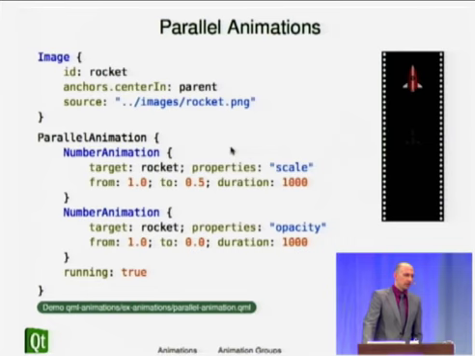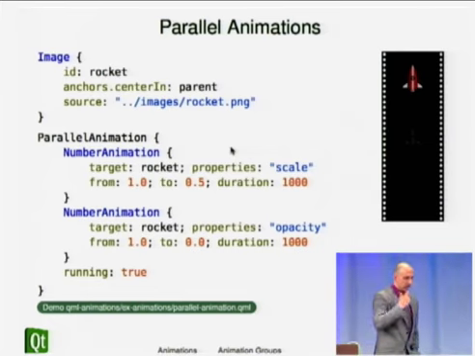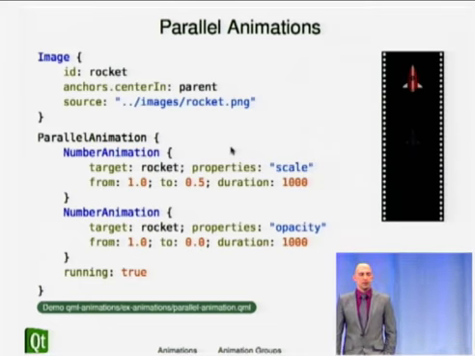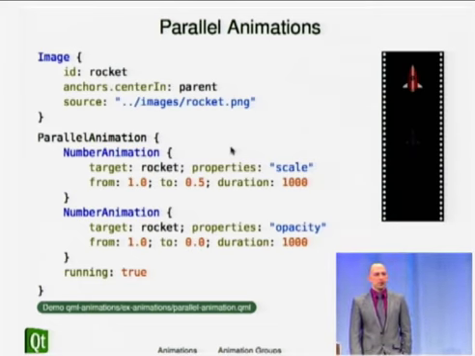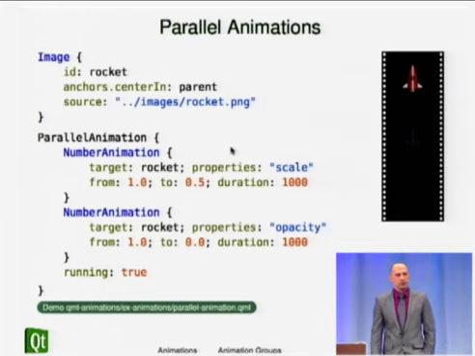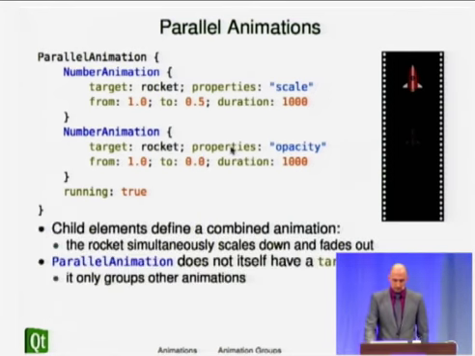One interesting side effect of doing it this way is that this will actually reasonably align things on the same timers, which means in terms of CPU use and wake up, you do want the animations to be synchronized. So this helps with that. Again, no target on the parallel animation, only on the individual animations.